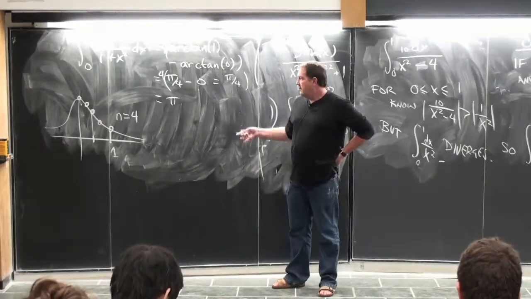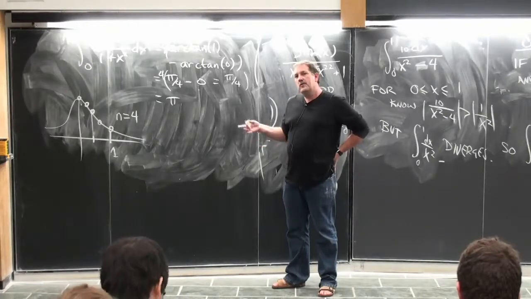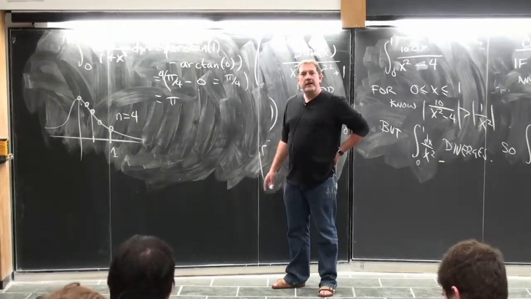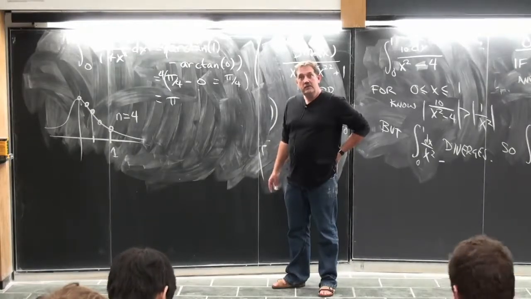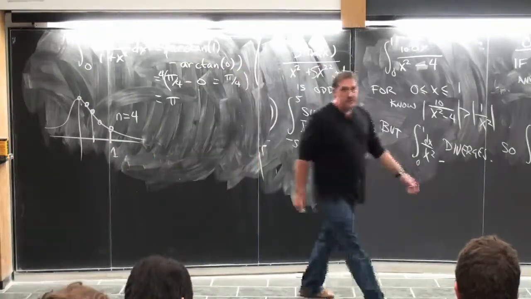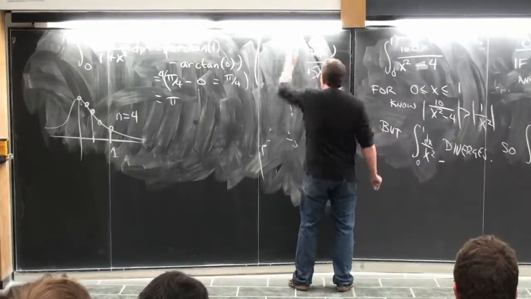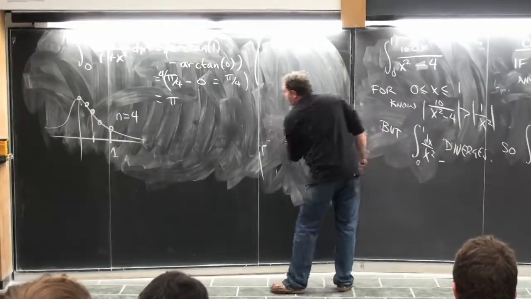Okay? So what n would you like? 2, 4, 6? Give me an n. 2? You want the easiest possible one. Okay. So n equals 2. That is a little bit atypical because we're just using one interval.